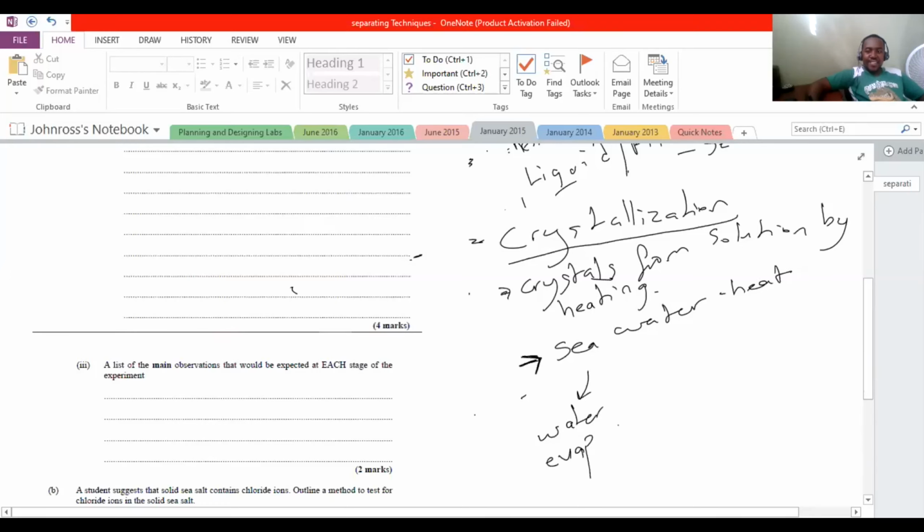The water evaporates, and then what happens? The sea salt will remain, and once you cool it, you get the crystals.